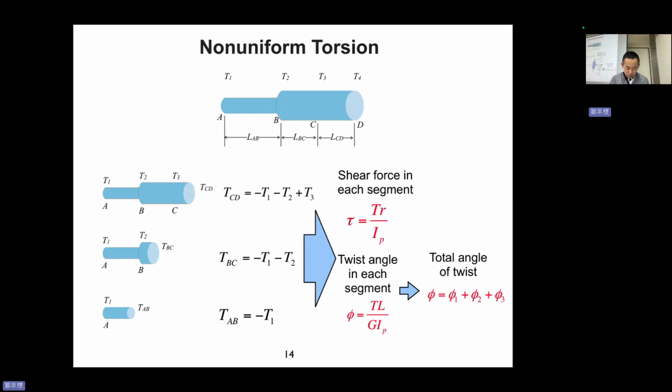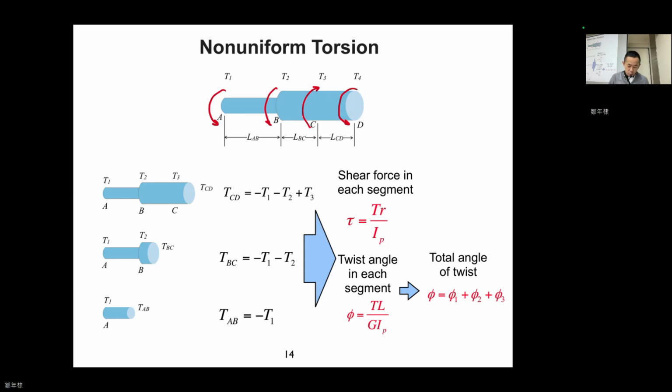So for example, you have T1, T2, and T3, or T4. So you have complicated torsion. It's not pure torsion anymore, and you don't have a pure prismatic bar anymore. Instead, you have different cross-sections. But don't worry, you know how to do that, right?